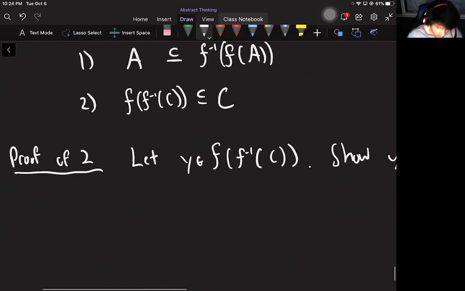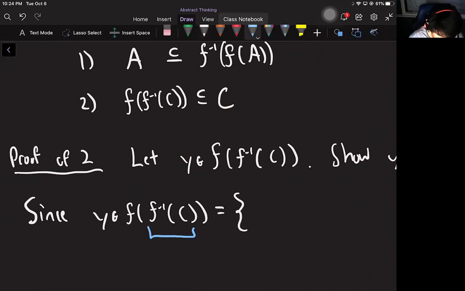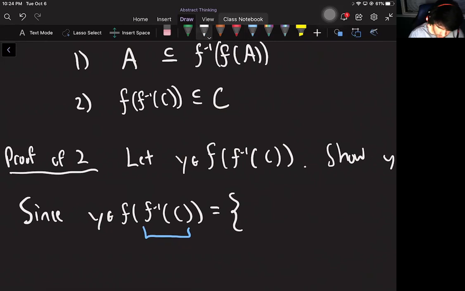Okay, so all we have to work with is this. And we just have to peel back the layers by thinking about what this thing is. So it's f of something. So it's an image. That means the elements in the image are always elements of the set you get by plugging things in, where those things come from the set whose image you're looking at, aka the thing that's underlined in blue.